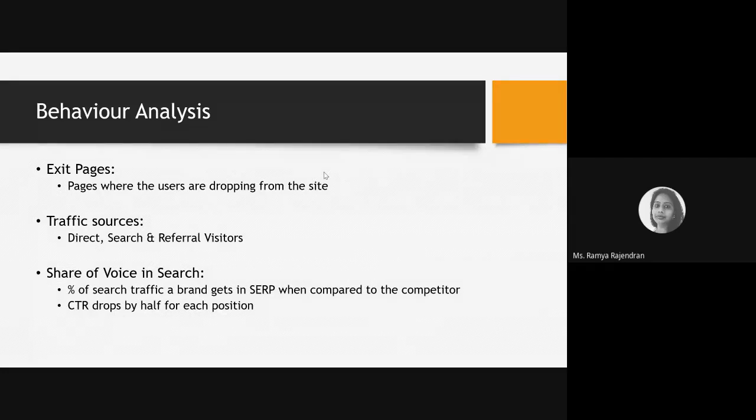Here you're not analyzing randomly, you're comparing your share of voice with your competitors. Maybe you can define a set of keywords and compare who comes first. In e-commerce, you can have Flipkart and Amazon compare it.